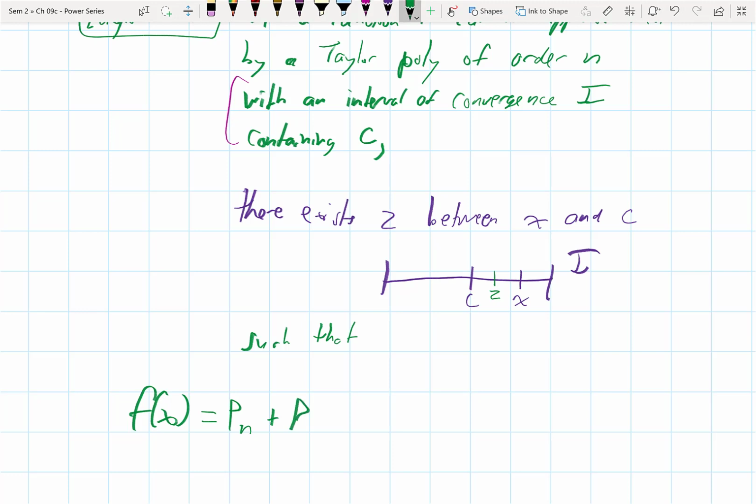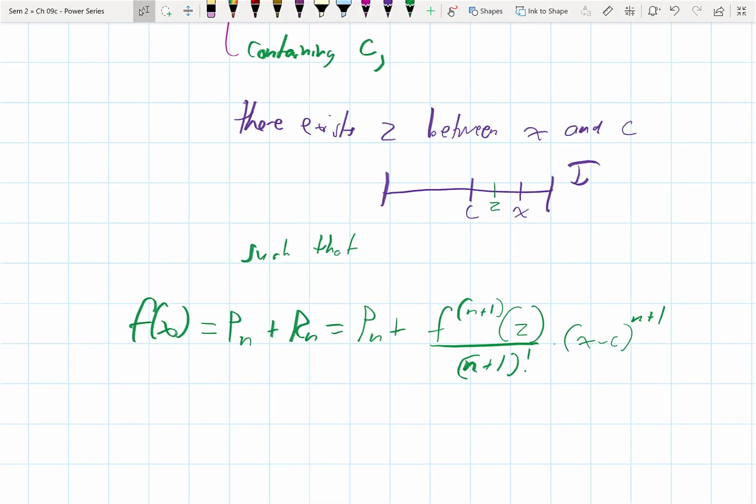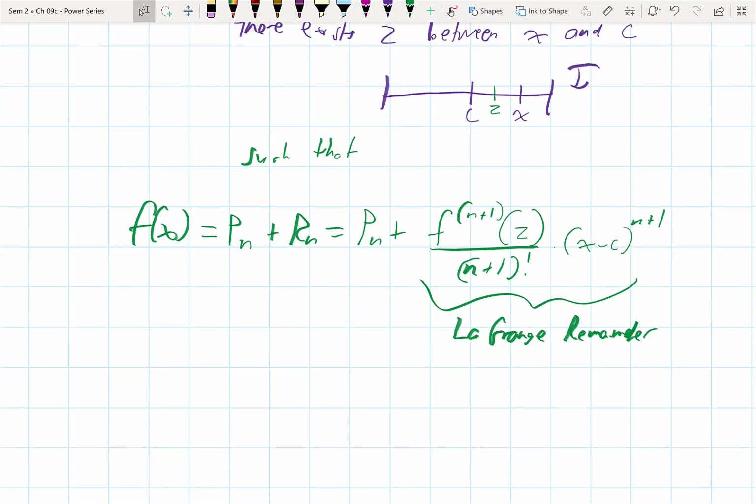This is what we set up above, and which is equal to p sub n plus the n plus 1th derivative of the z value over n plus 1 factorial times x minus c to the n plus 1. This right here is called the Lagrange remainder. This will become a little clearer in a second.